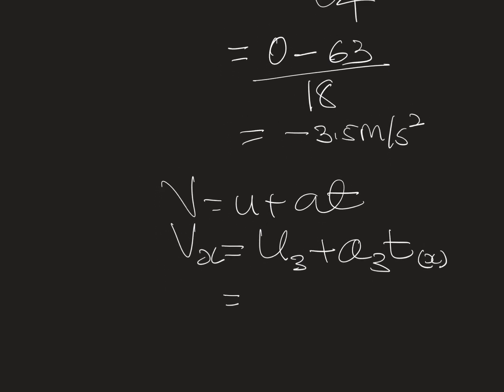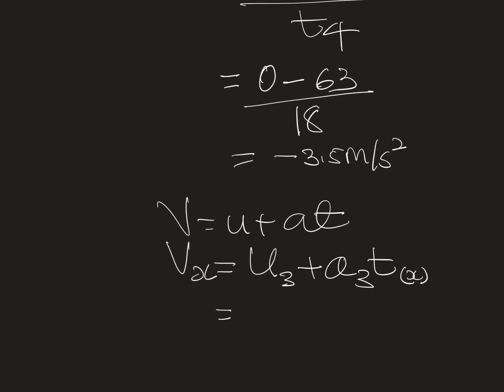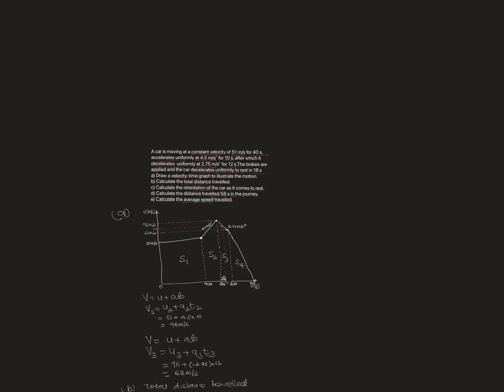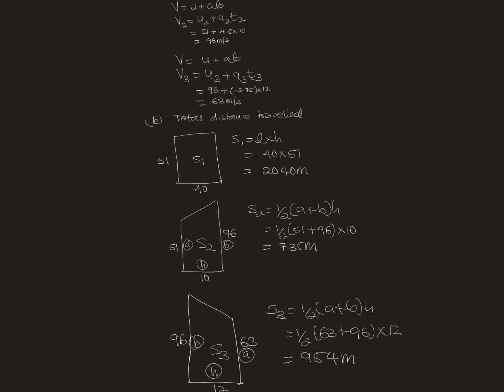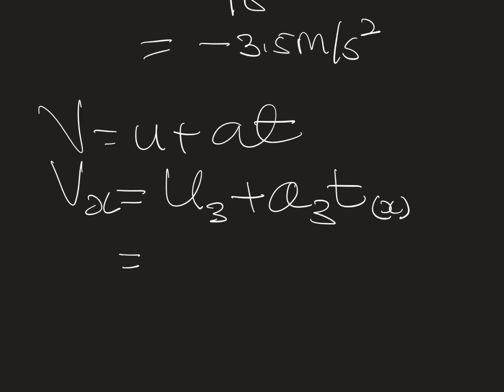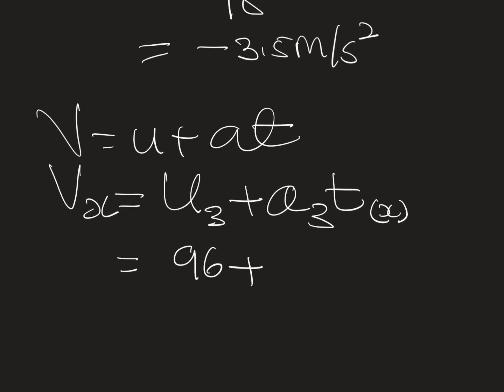What is the initial velocity? A quick review, it was 96. The initial velocity was 96, plus the acceleration, which was a deceleration of 2.75, that never changed, and the time there was just 8 seconds. So how much do I have? 74 meters per second.